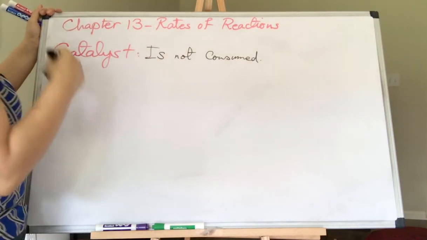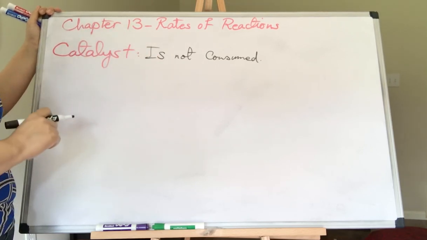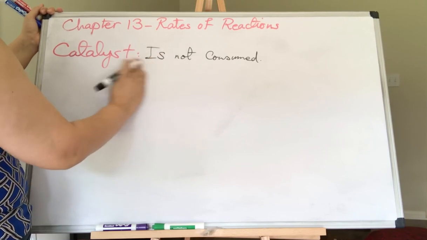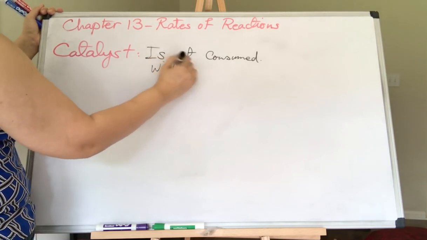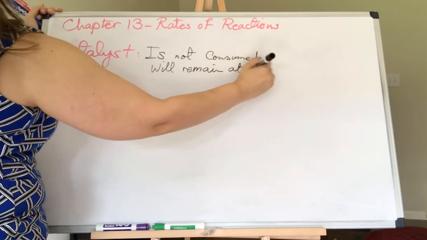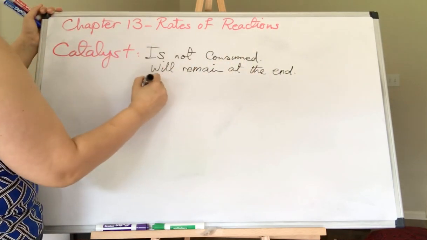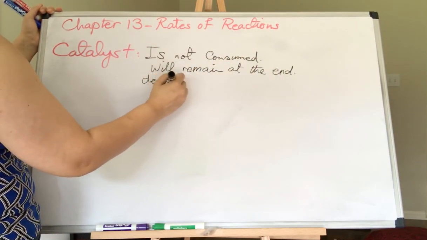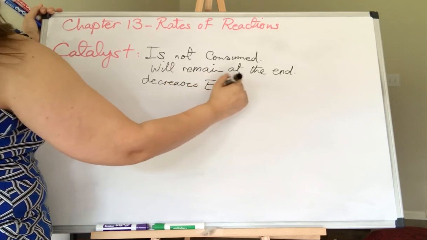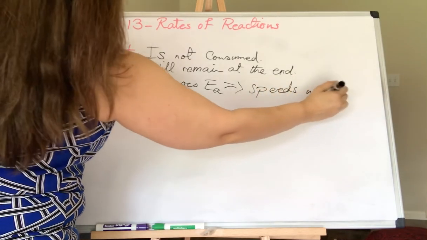So even if it shows that it's consumed in one step, it will be produced in the other step. It's not consumed, you will have it at the end, it will remain at the end, and it just decreases activation energy, so speeds up a reaction.